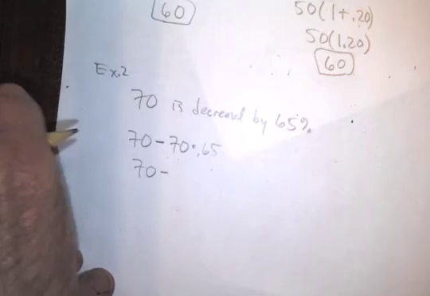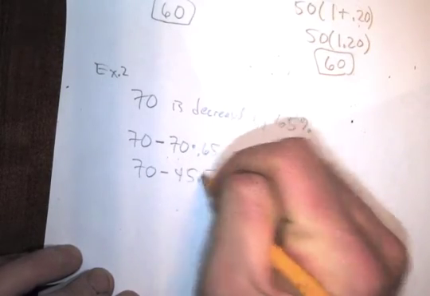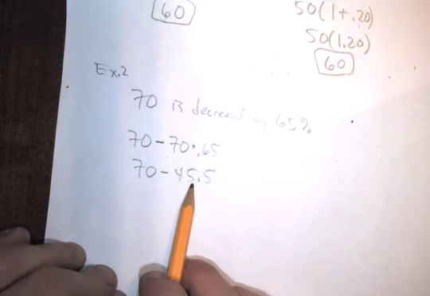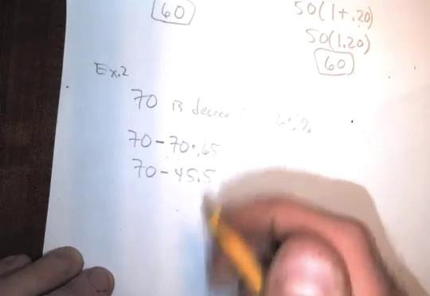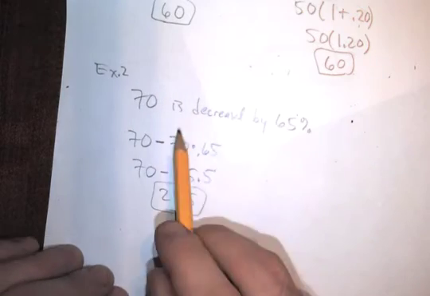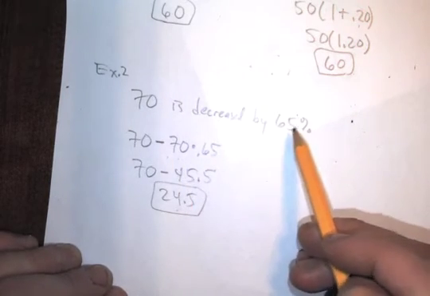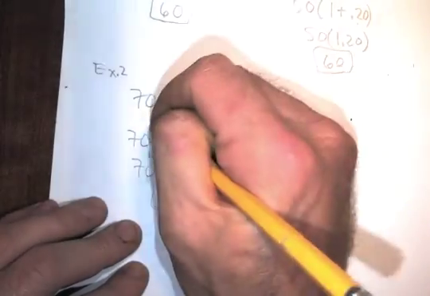It's 45.5. Okay, so we're taking off that 45.5 because that was 65%. 24.5. Okay, it more than cut it in half, right? If you think about the visual, it's going down by a lot. That's way number 1.